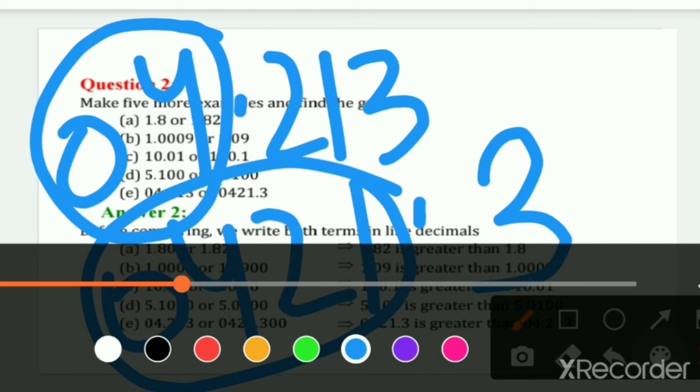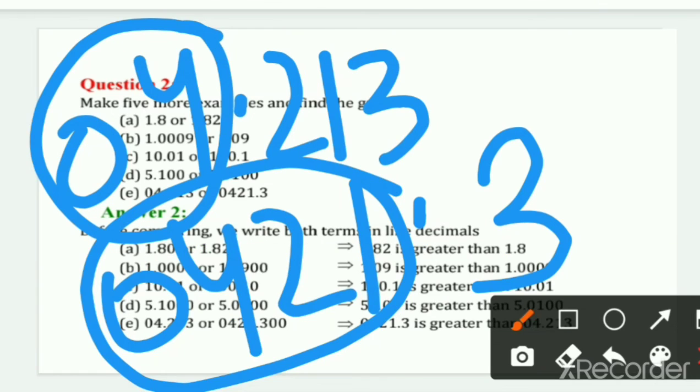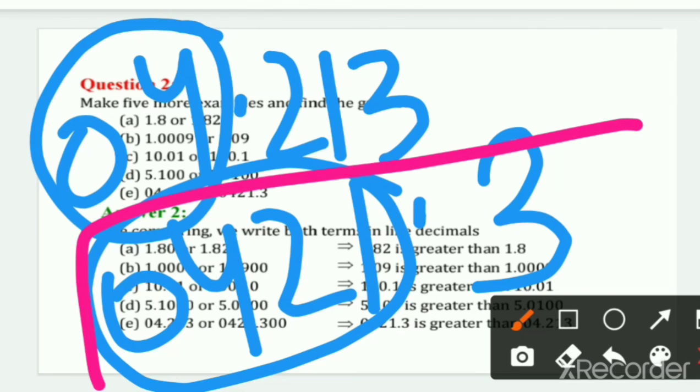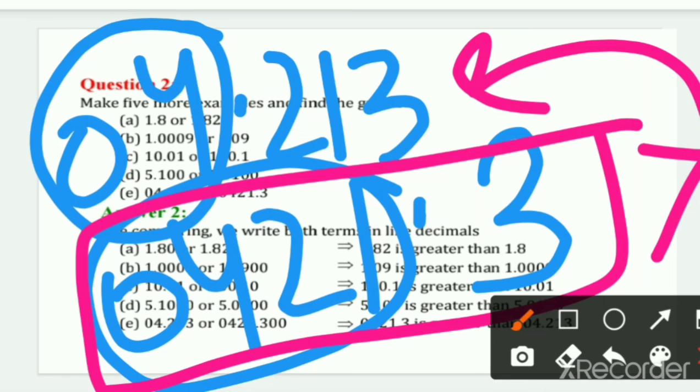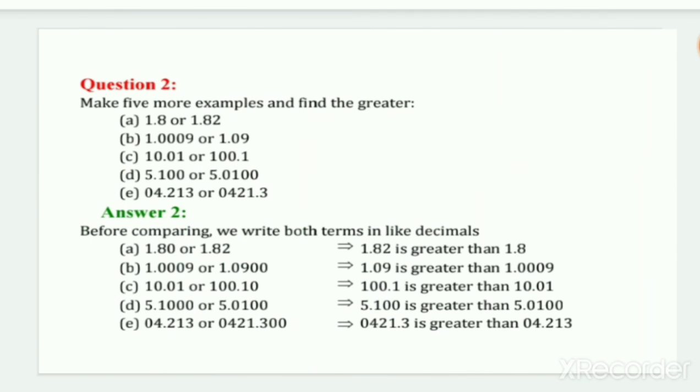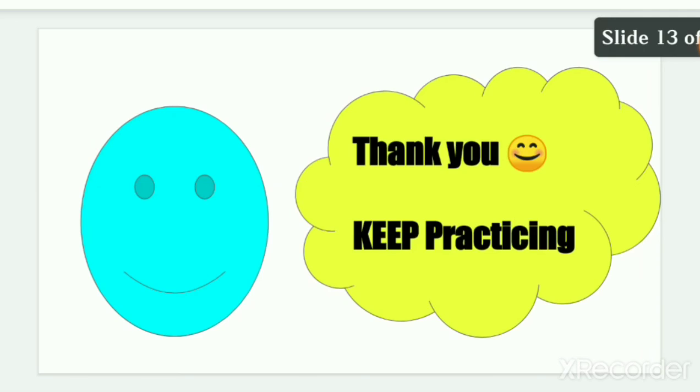So which one will be greater? This one will be greater. Okay, this number will be greater than this number. So 0.4213 is greater than 0.0421.